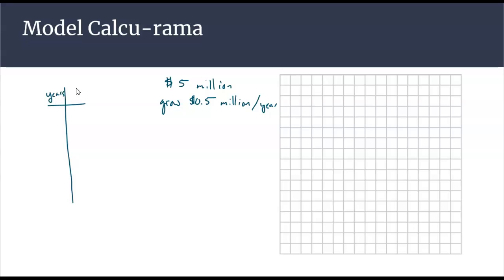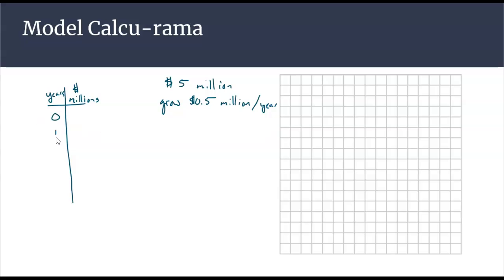So Calcu-rama was the one that started with 5 million and is going to grow 500,000, 0.5 million per year. Well, we can draw a table. Our input here would be years. Our output is going to be dollars. And I'm actually going to call this millions of dollars, just so I don't have to write a whole bunch of zeros and get a cramp in my hand.